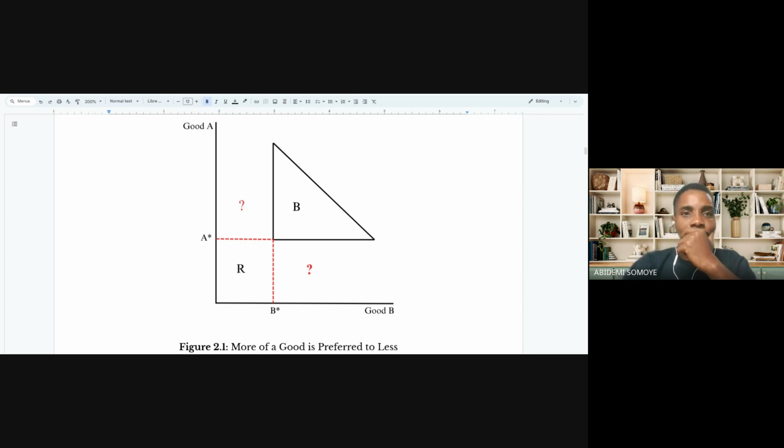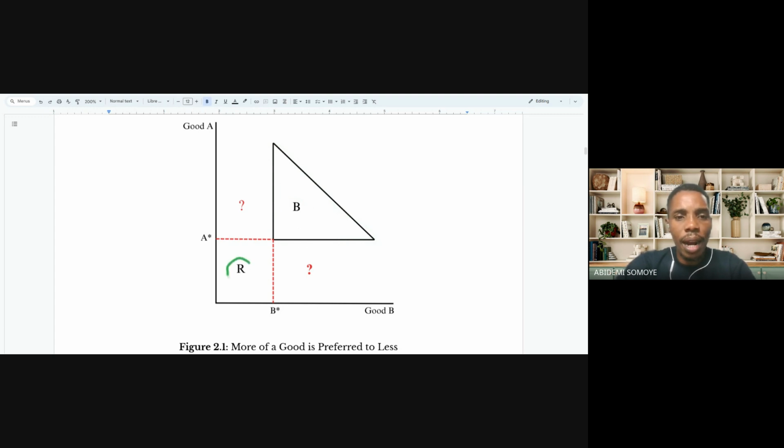So let's take a look at this. If you look at this position here, B, this area here shows you more is better. You consume more of good B, and so this gives you higher satisfaction, right?